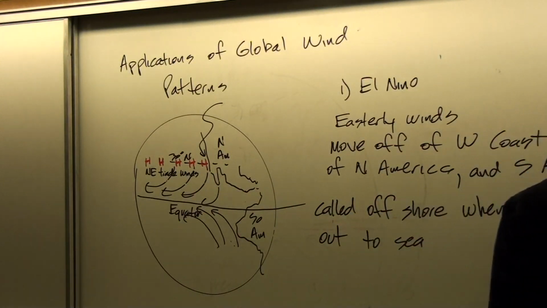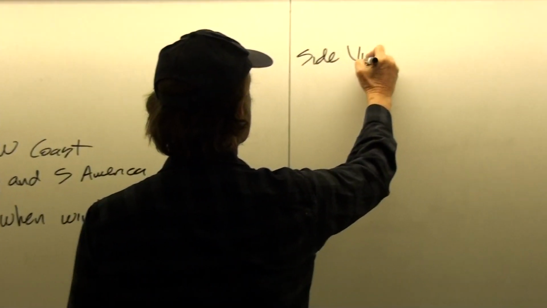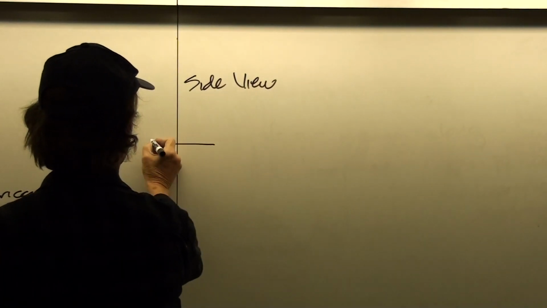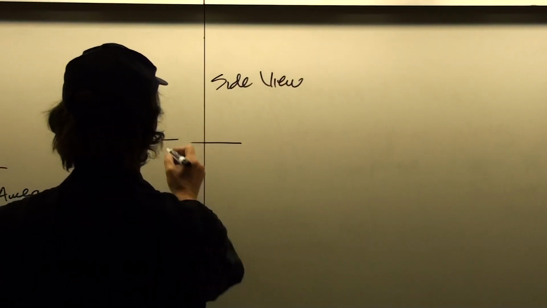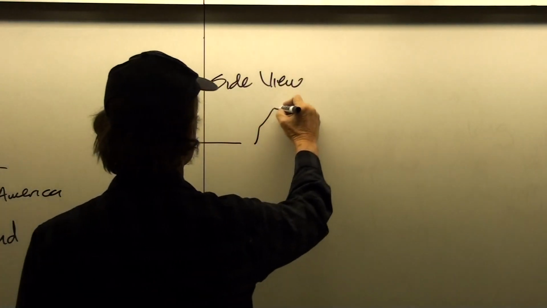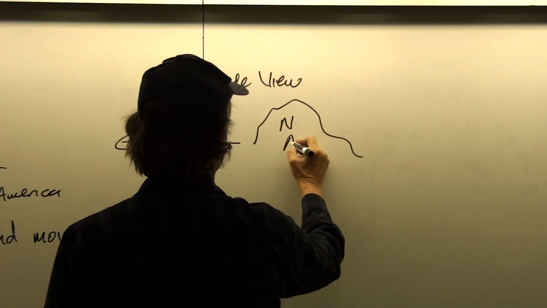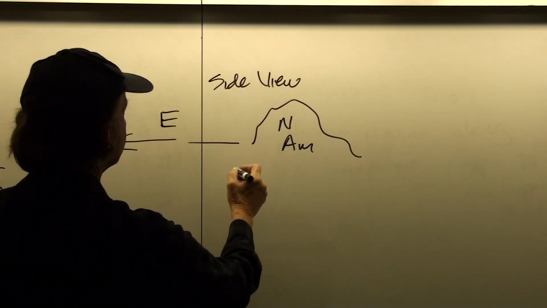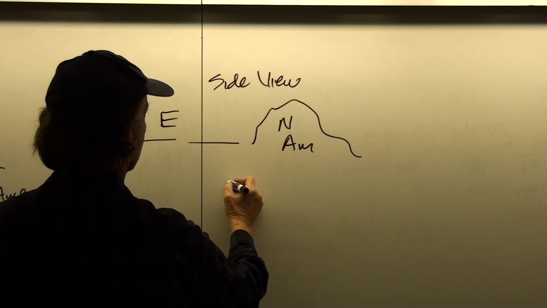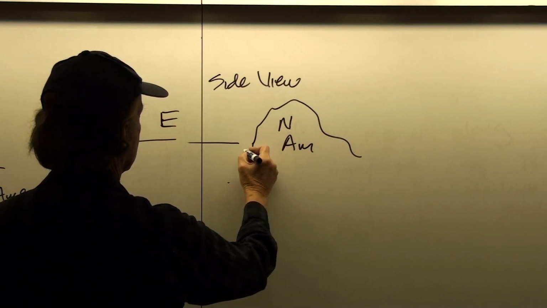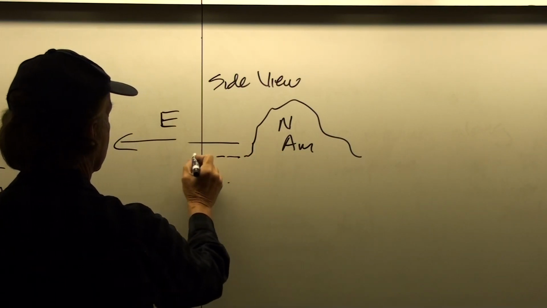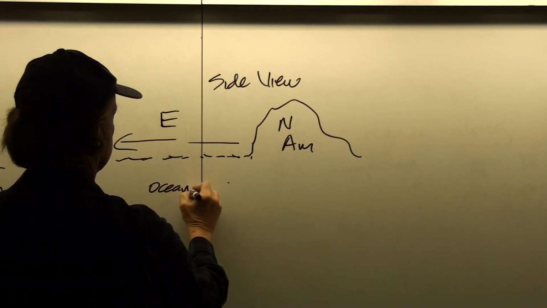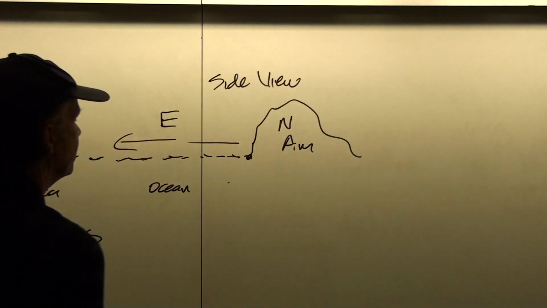Let's take a look at a side view of the North American coast. So we have this easterly breeze. Here's North America. And so what does this easterly breeze do? Well, this creates a void along the coast where this landmass hits the ocean.